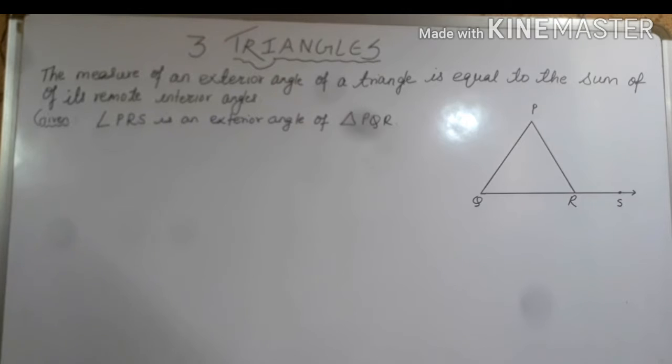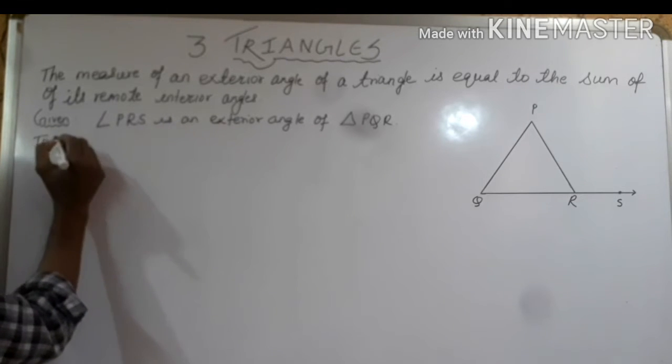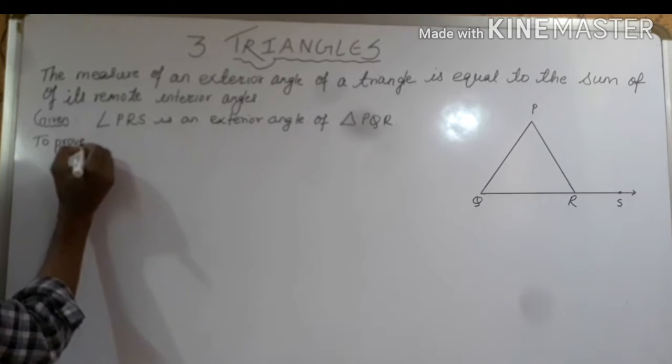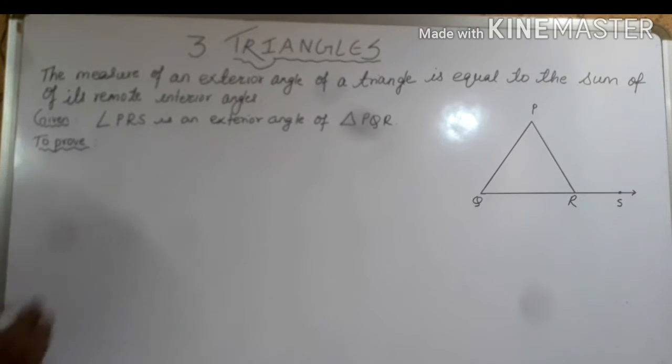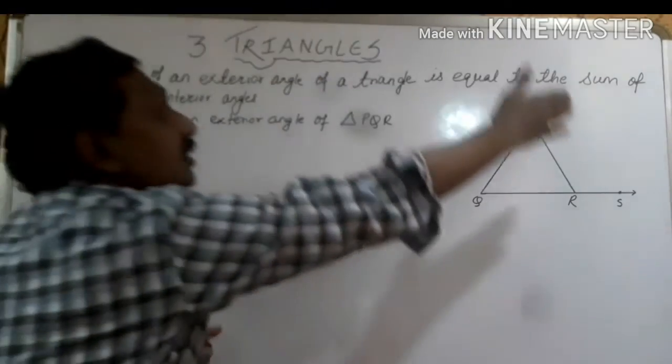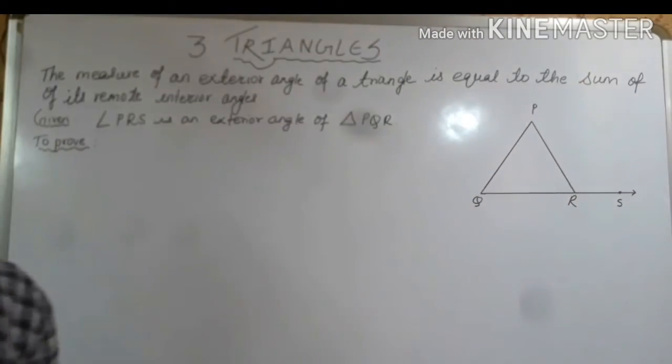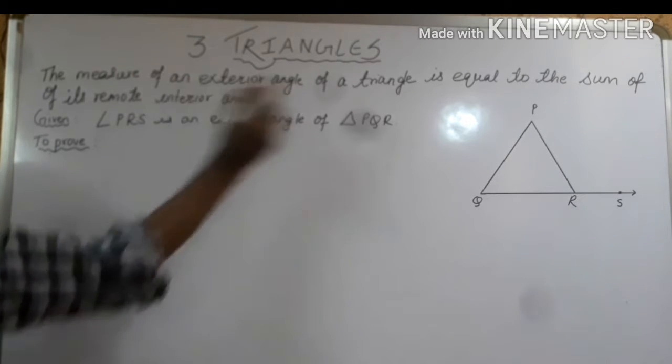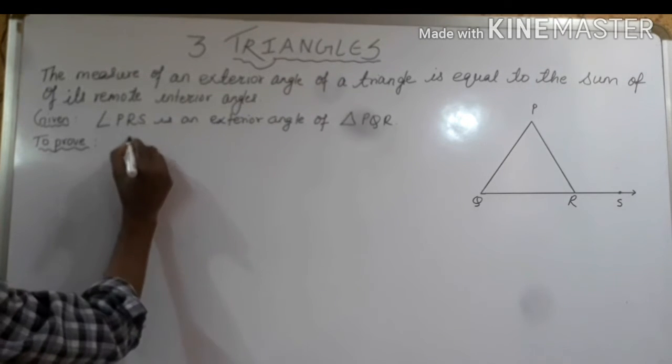Now after given, we have to write to prove. Now, looking at the statement, what do we have to prove? We have to prove that the measure of this exterior angle is equal to the sum of its remote interior angles. That means, what is that exterior angle given to me?